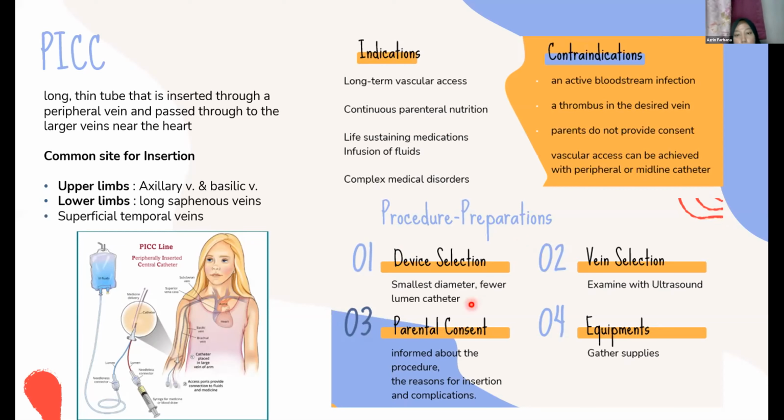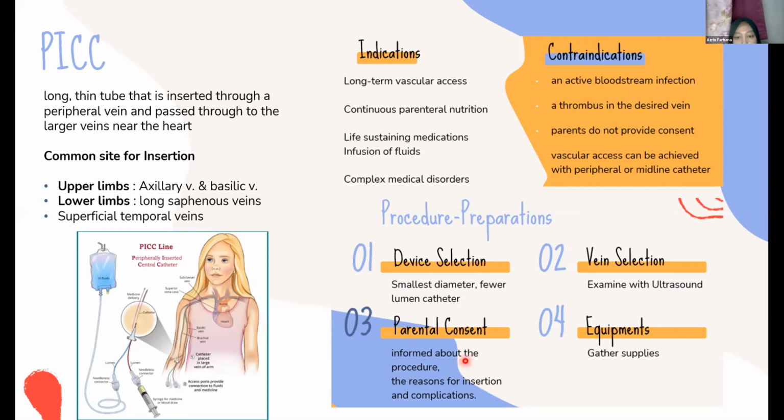For neonates, we should choose the smallest diameter and fewer lumen catheter, because we want to reduce the risk of thrombus formation and also reduce the trauma to the patient's veins. Next, we need to determine which vein to select, either in the upper limb or lower limb, depending on the situation, and we should examine with ultrasound.